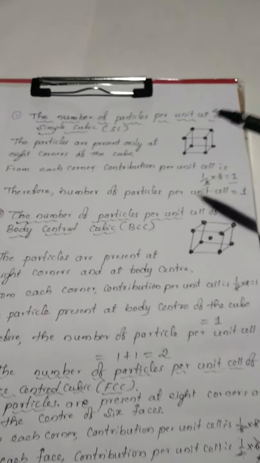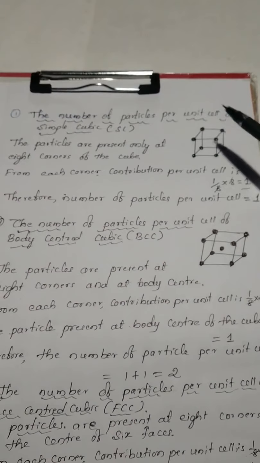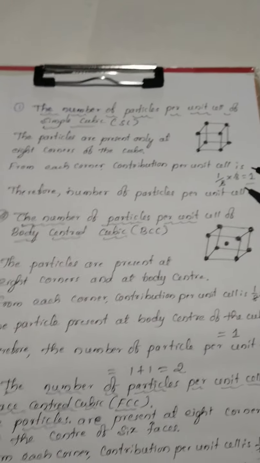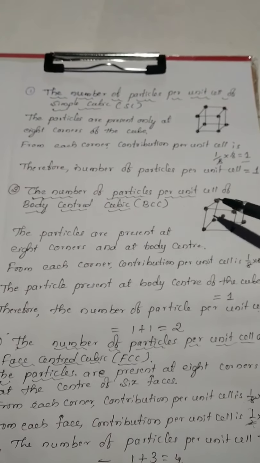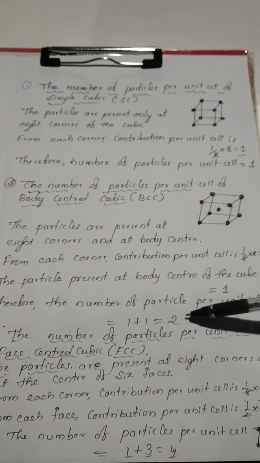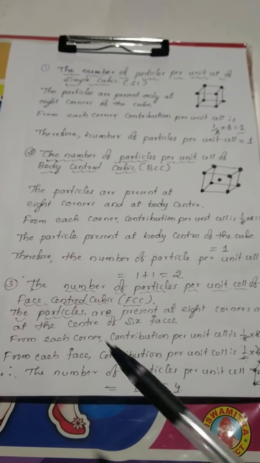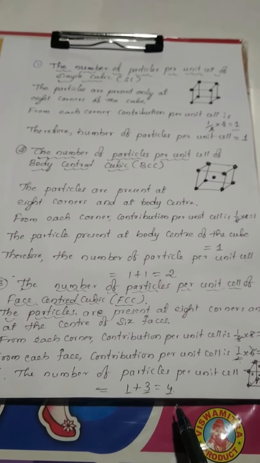Once again I'll repeat, the number of particles present per unit cell of simple cubic is 1. The number of particles present per unit cell of body centered cubic is 2. The number of particles present per unit cell of FCC is 4.